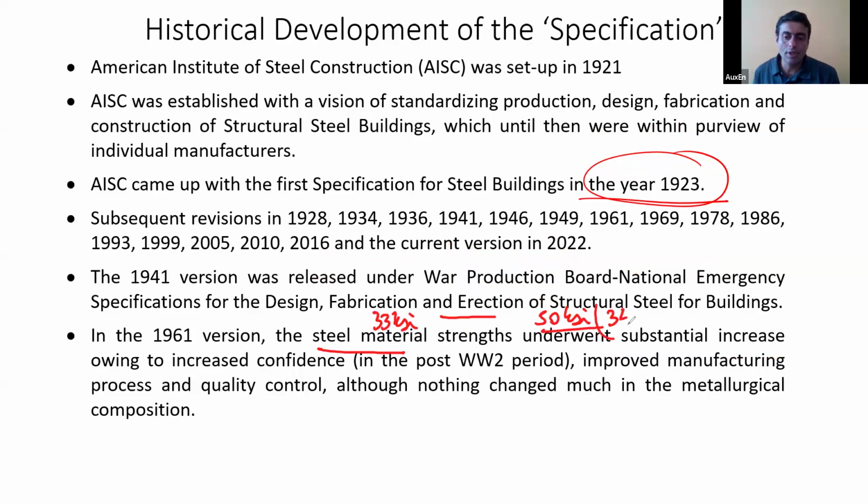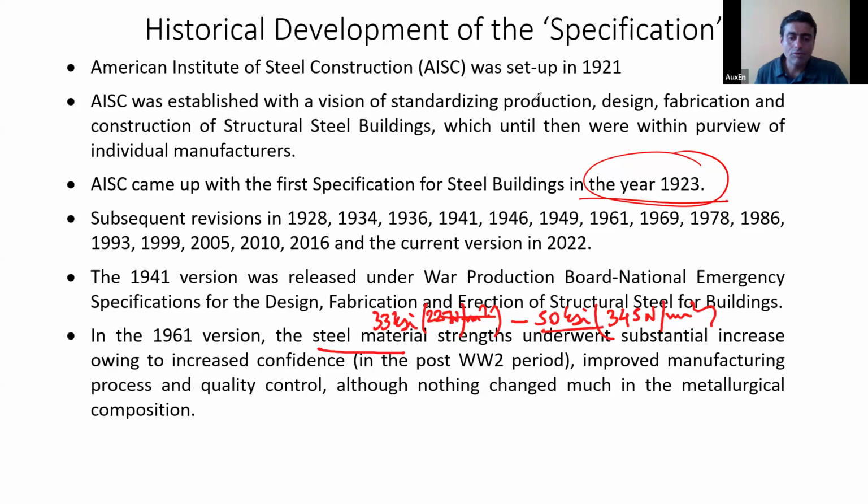It will be around 345 newtons per mm square, isn't it? So suddenly you saw in this code a jump in the material strength from 227 newtons per mm square to 345 newtons per mm square.